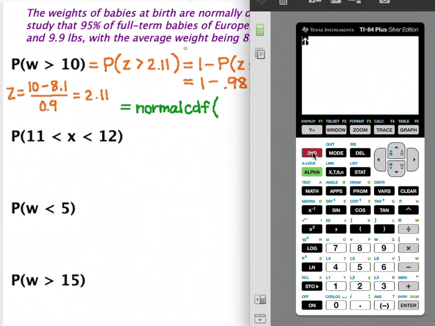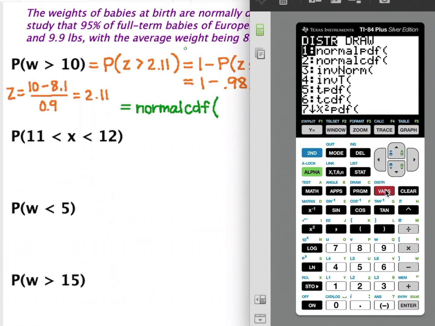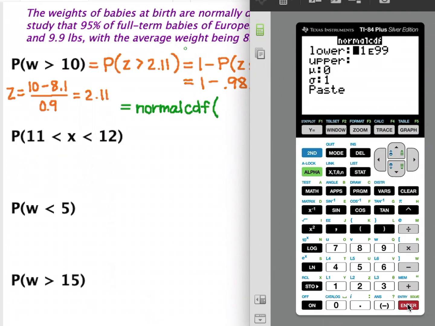And we'll find that in the same spot as before, second vars under the distributions, and then it's right at the top, normal CDF. Now, if yours doesn't ask for lower, upper, mu, sigma, just know that that's what you're going to need to enter as your 4 numbers with commas between. And actually, we can even use the 10 pounds to do this. We don't even need a z-score if we're going to use our calculator.